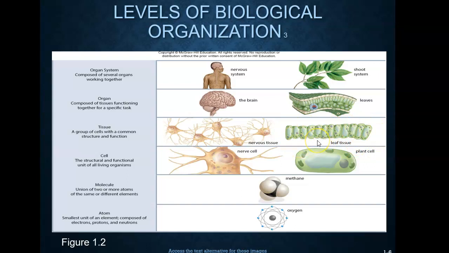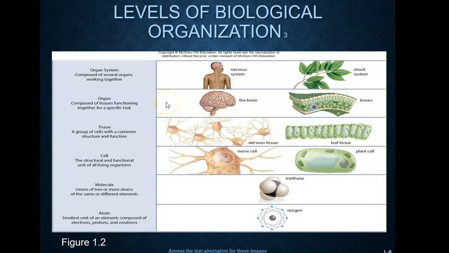When we get several different tissues functioning together to perform a particular task or function, we have an organ. Here is the brain on the left-hand side of the screen, and on the right-hand side we see an actual leaf. You can see the various types of tissues that make up the leaf.